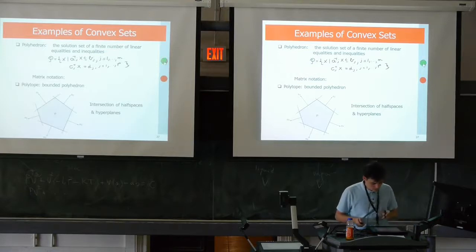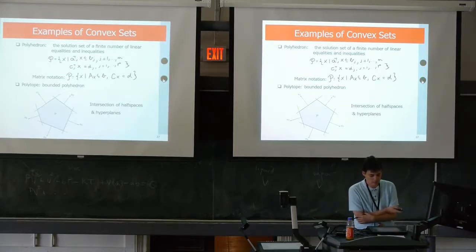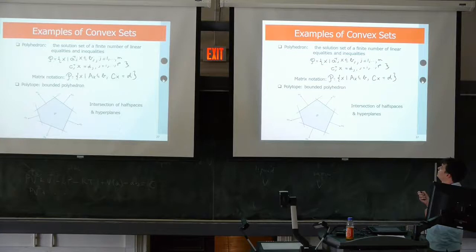If you want, we can have a matrix notation too, with matrices A and C and vectors b and d. And we will just say that polyhedron is the set of points where this inequality and this equation hold.